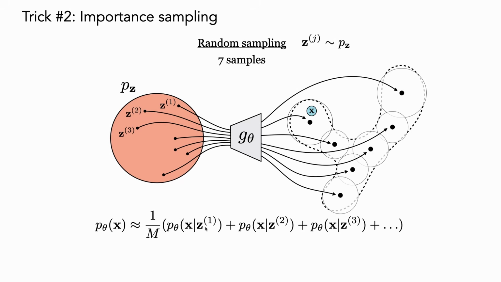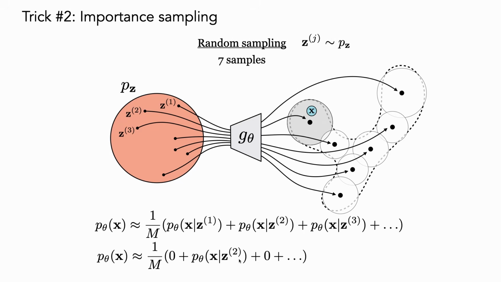But most of these are 0. Almost all the terms are nearly 0, except for the z's that map to Gaussians that place high density over this x. So in this expectation, most of the terms are going to be 0 for any given point x.